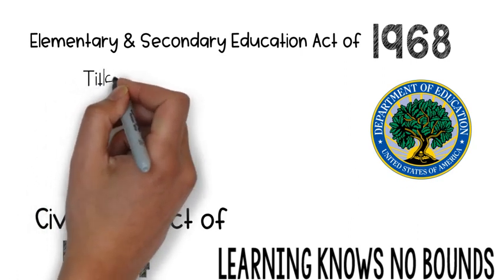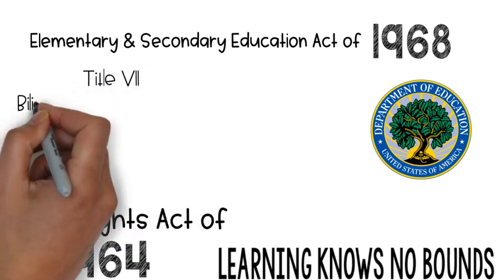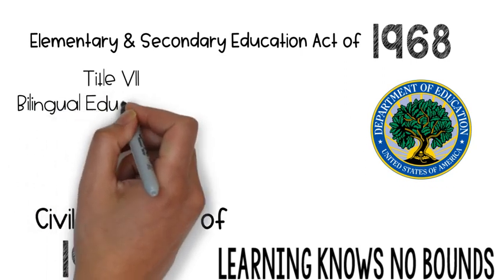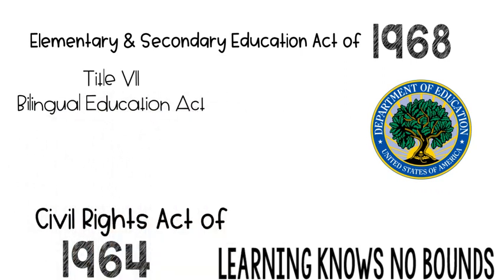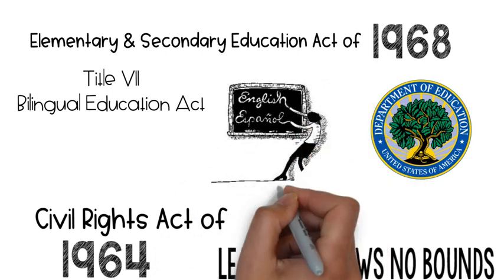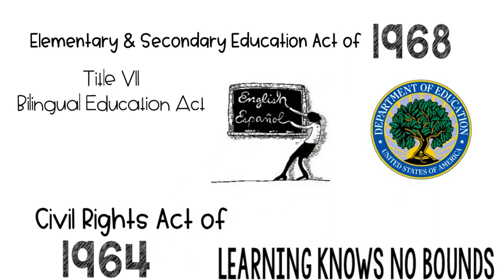In it was tucked Title VII, known as the Bilingual Education Act. It established a federal policy for bilingual education, citing its recognition of special educational needs of the large numbers of children of limited English-speaking ability in the United States. It provided funding for staff training and the creation and maintenance of the programs.